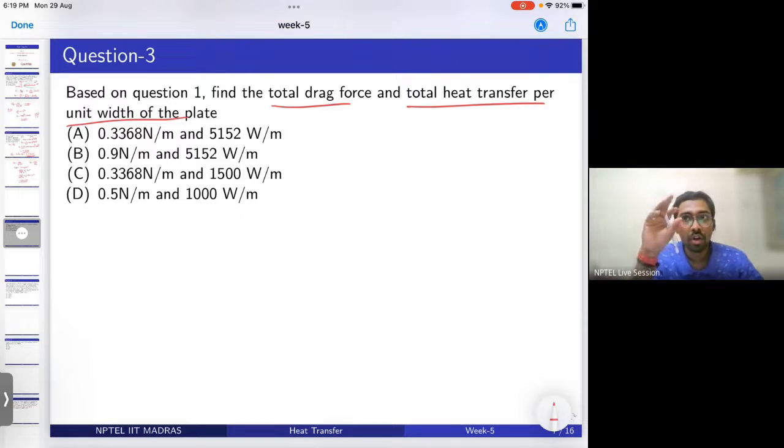So we already found out the shear stress, that is tau W. But it's not the tau W of the entire surface, it is the tau W at a particular location, that is the trailing edge, which we found in the previous question. Now they are asking about the total drag force and the total heat transfer.